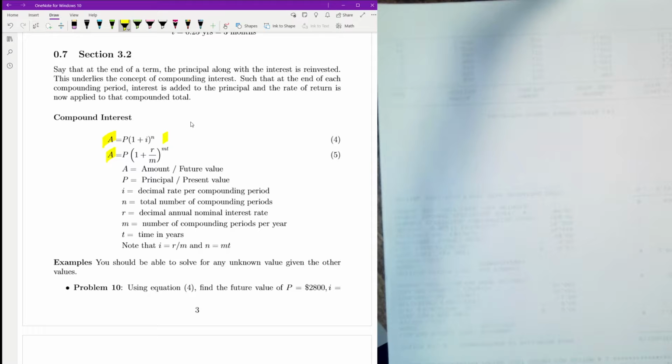Now i is the decimal rate per compounding period, and n is the number of compounding periods.